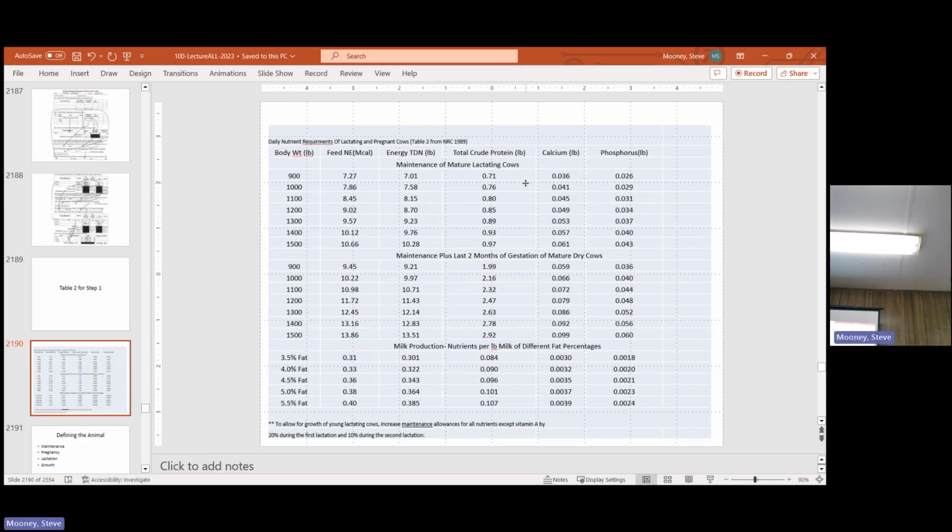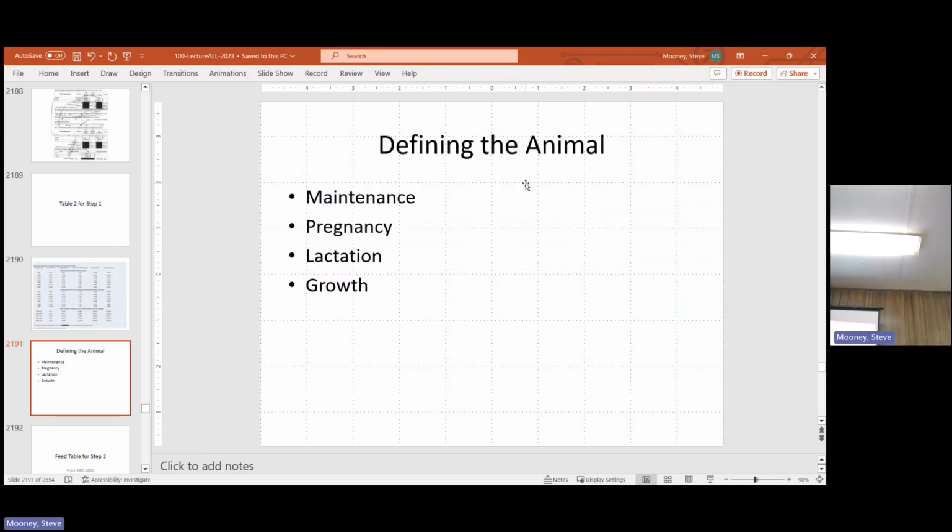So when we're defining our animal, we have to decide what we're going to need to account for as we define that animal. Maintenance, we certainly have to do that. And then which of the following conditions are also in play?